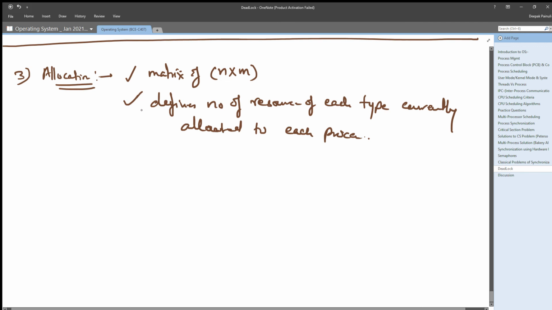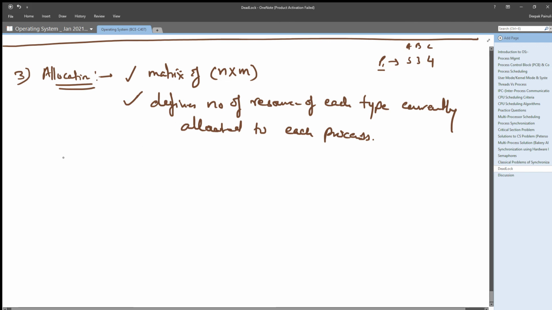It will simply define the number of resources of each type currently allocated to the processes in the system. So if for P1 it is showing A, B, C as 2, 5, 3, 4, let us say, what it means is that process Pi has been allocated instances of A type, 3 instances of B type, and 4 instances of C type. That means it is currently holding these many instances of different types.